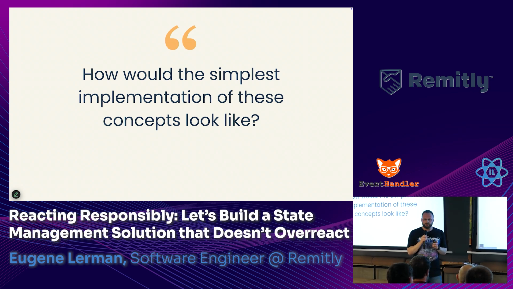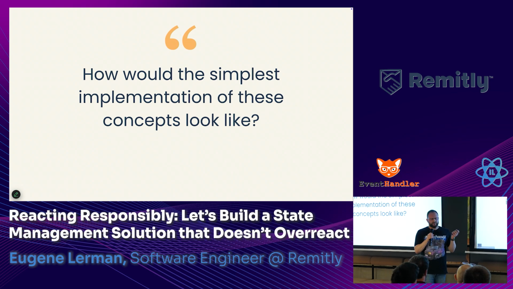Now, one thing that I do want to mention is that I'm thinking in React here, but the state management libraries we're going to talk about aren't React native. Some of them are, like Jotai, but a lot of them are basically agnostic. You can use them across different frameworks or stacks.